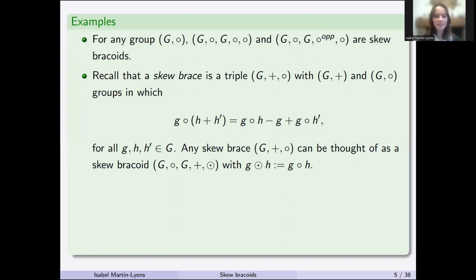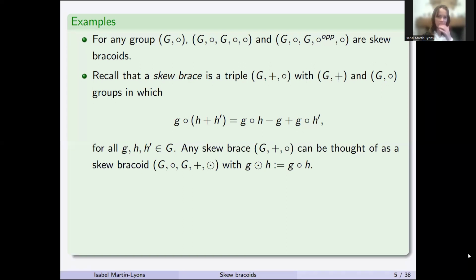One of the existing objects I mentioned was the skew brace. This is a triple (G, +, ∘), where G is a group with respect to both + and ∘, and this relationship has to be satisfied: g ∘ (h + h') = (g ∘ h) − g + (g ∘ h').